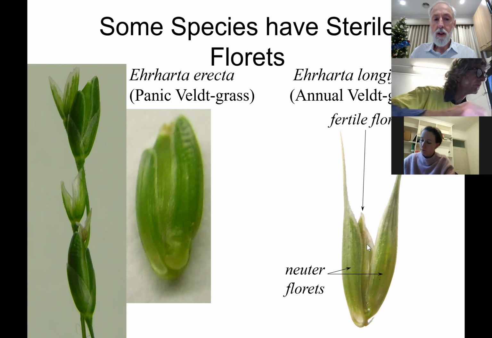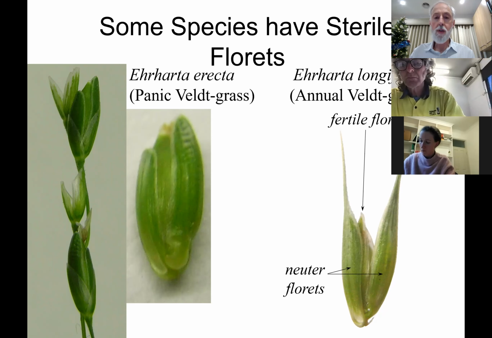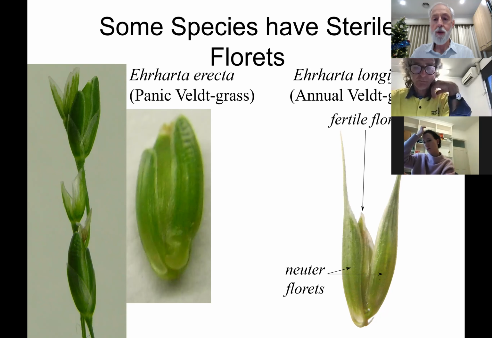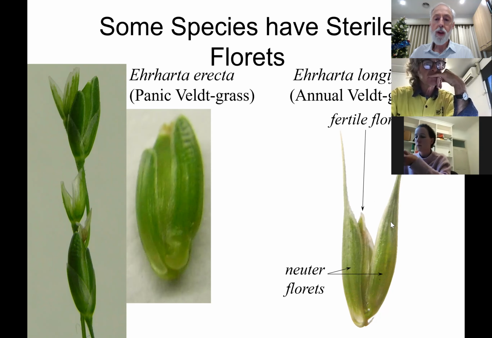So the principle involved here is that some of the more highly evolved grasses have sacrificed some of the seeds that their ancestors would have produced and instead use these modified forms of florets to protect the grain-bearing parts in the middle of the seeds and often to aid dispersal. In fact, they pretty much always aid dispersal, but they also have a protective function. So that's what we're seeing here with this Ehrharta longiflora.